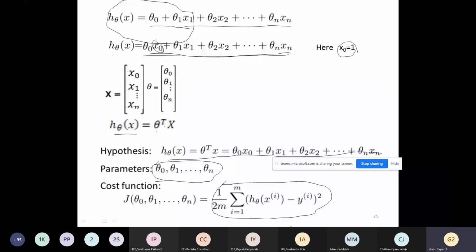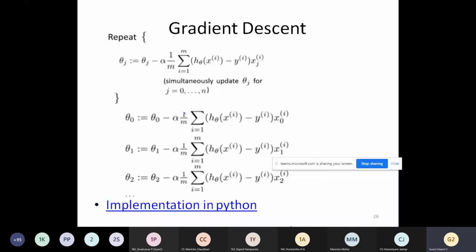So in multivariate regression, to estimate the values of thetas, the gradient descent method is used, with the same equations. Here theta 0 is equal to theta 0 minus alpha times 1 upon m times the error function into x0 superscript i. Now you already know that x0 is equal to 1, so this is the same as simple linear regression.